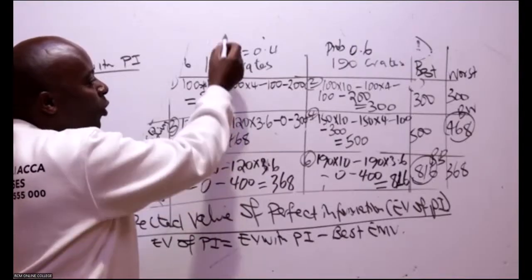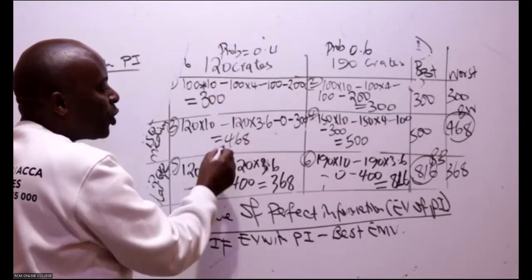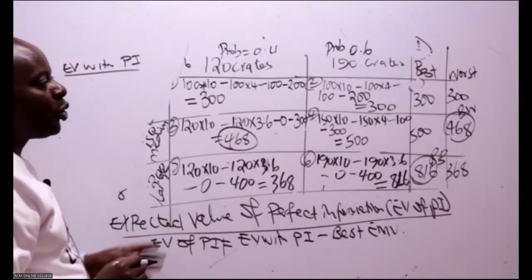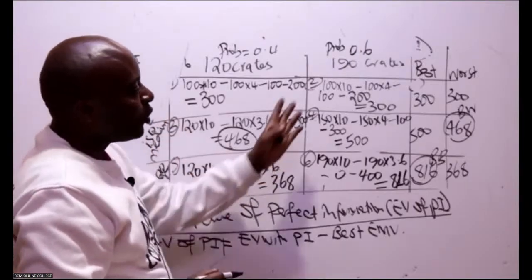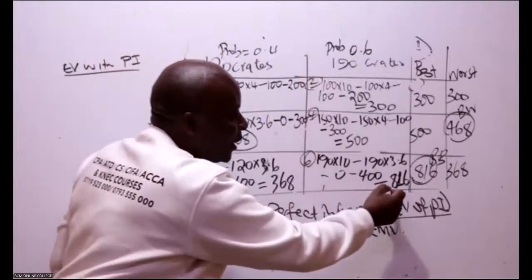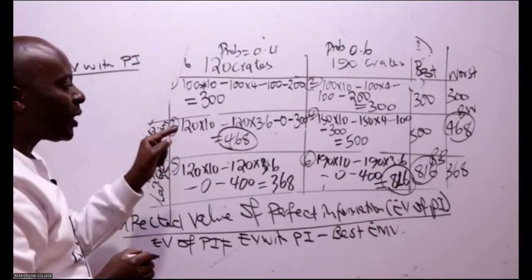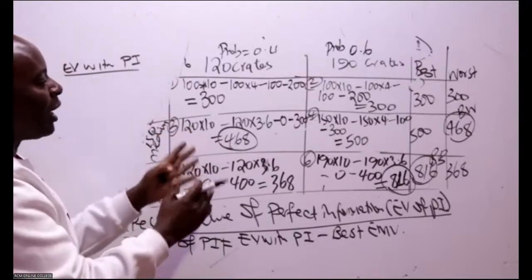For column 1, the first state of nature, the very best is 468. We only have 2 columns, remember. For the second column, the very best is 816.